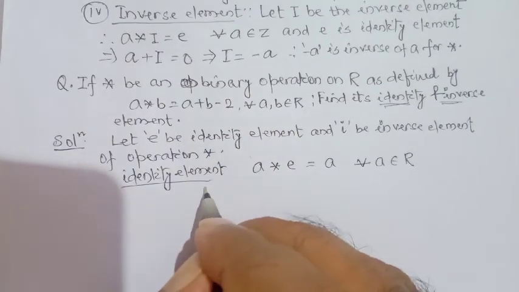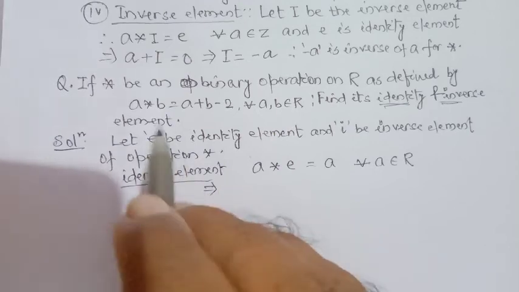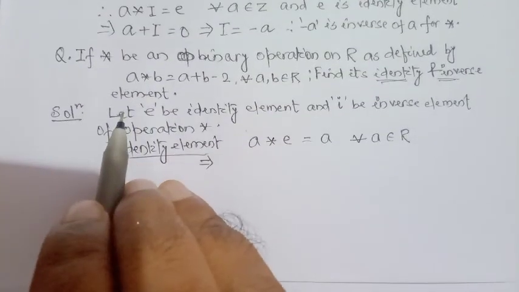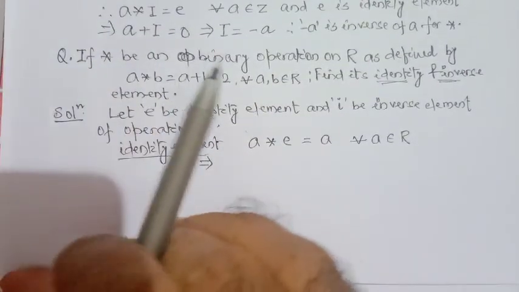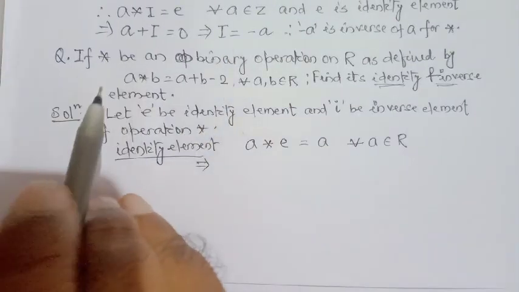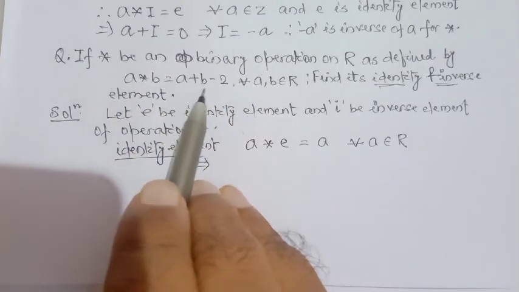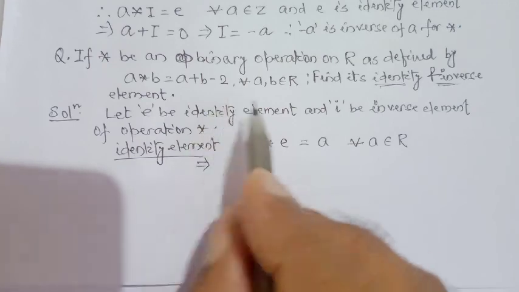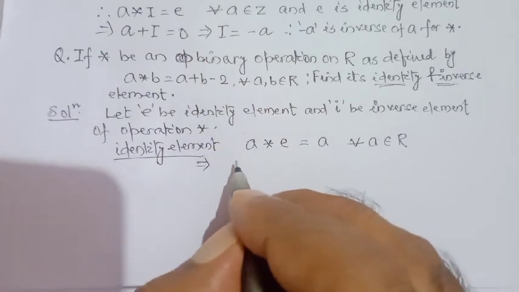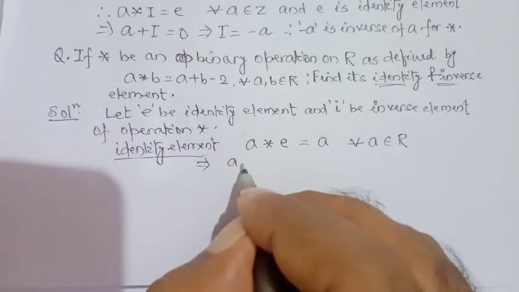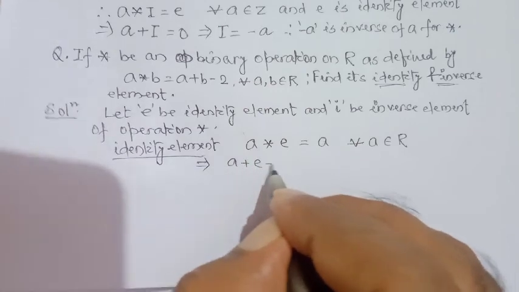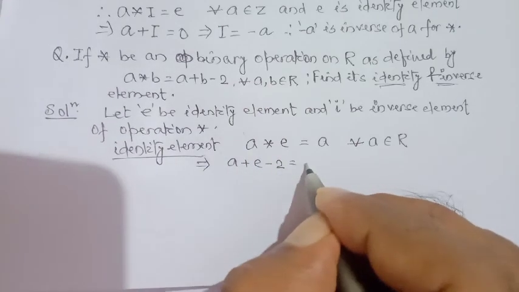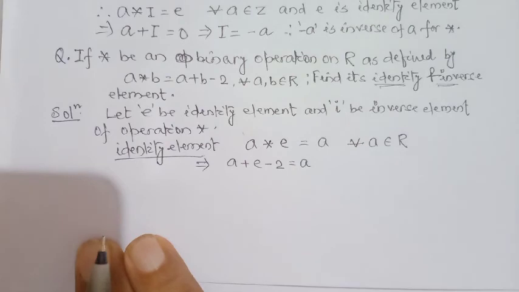Now come to the definition which is given: A star B is equal to A plus B minus 2. Similarly, A star E should equal A plus E minus 2, which is equal to A. Simplify this.